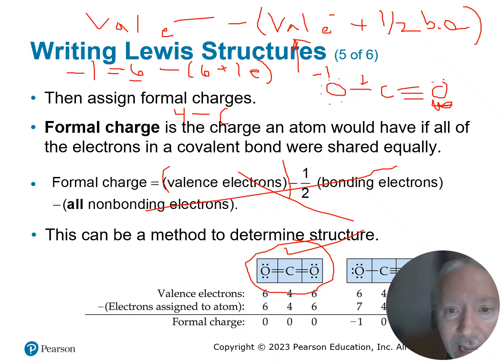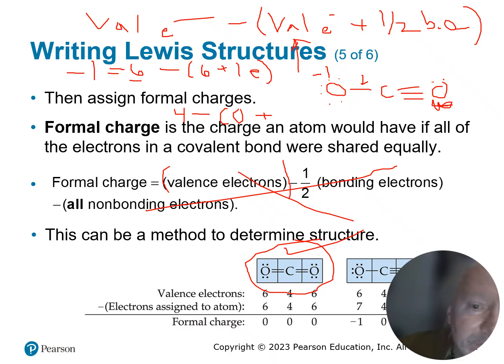So we know that it doesn't have any electrons floating around. It doesn't have any free electrons. So we don't have any valence electrons that belong exclusively to the atom, so we don't have anything to put in here. So carbon has 0 here.